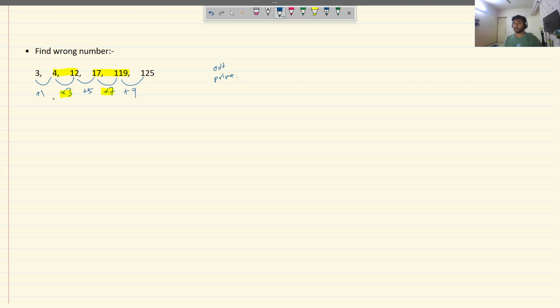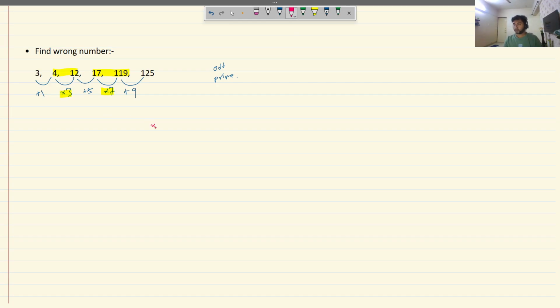So plus 1, into 3, the next one can be plus 5, because I anyway cannot make 12 to 17 by multiplying anything. I can make 12 to 17 by adding 5. So this is following odd numbers and alternatingly adding and multiplying.